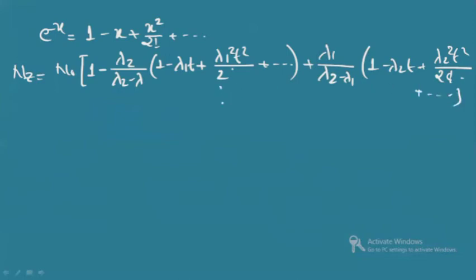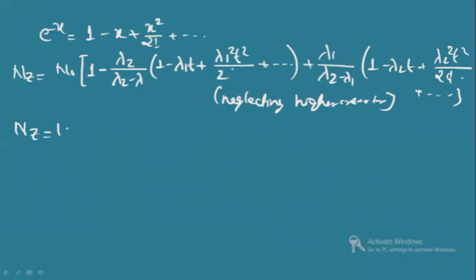So here what you will do? You will neglect the higher order terms. All right, neglecting higher order terms, because it is given in the question that 1 by lambda 1 is very much greater than T. So you will neglect, and you will write here NZ equals N naught. All right, the first term is 1 minus. This will give you what?